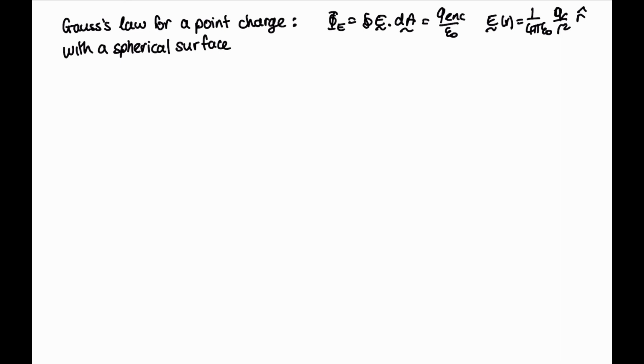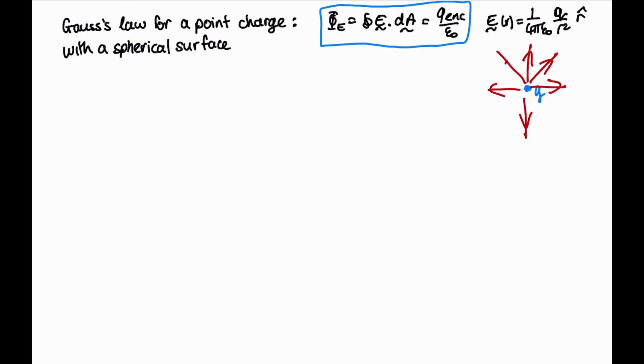Righto, what we're going to do now is try and show that this equation here holds for a point charge with a spherical surface. So let's just draw our situation just so that we can be very clear. We've got a point charge here with a magnitude Q. It's got electric field lines coming out of it like this, say.